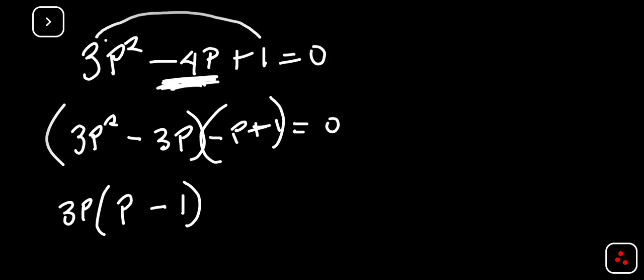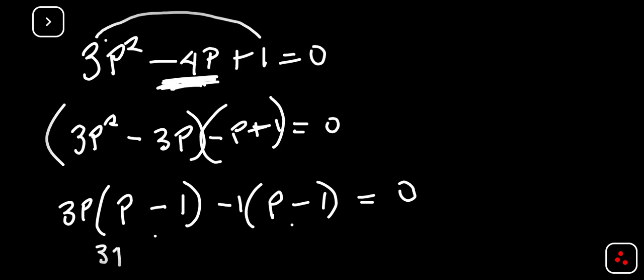That's what's left in the bracket. Then we isolate minus 1 here, of minus 1, and then what we're left with here is just p and minus 1. So you remember that these two brackets have to be the same thing. And this is equal to 0. If we bring out the factors here, we have 3p minus 1 and p minus 1 equal to 0.